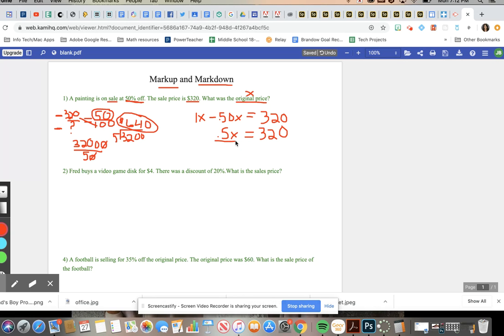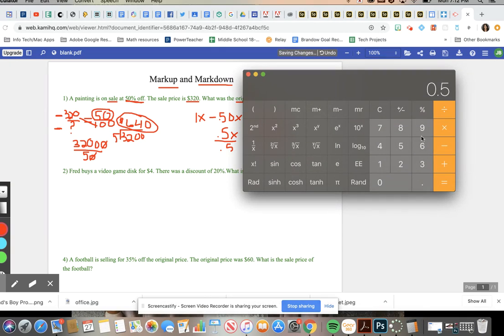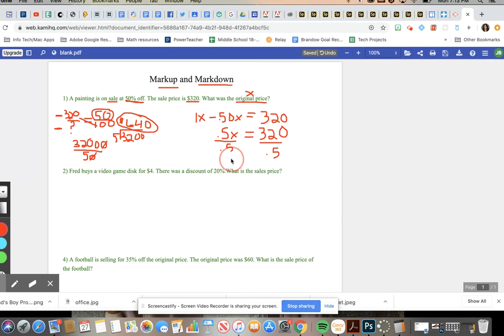And then to get x by itself, the original price, I have to divide by 0.5 and divide by 0.5 on this side. So let's do 320 divided by 0.5. And you'll see again, I get that 640. So x equals $640. So there's two different ways, setting it up as the proportion or setting it up as an equation.